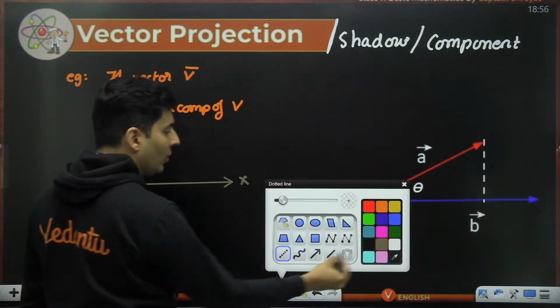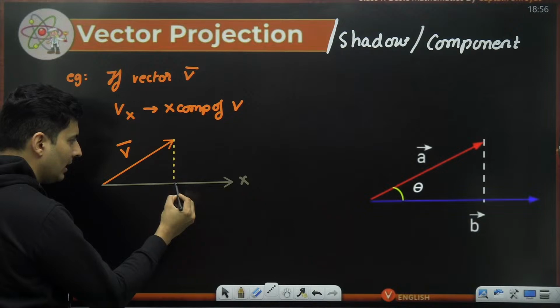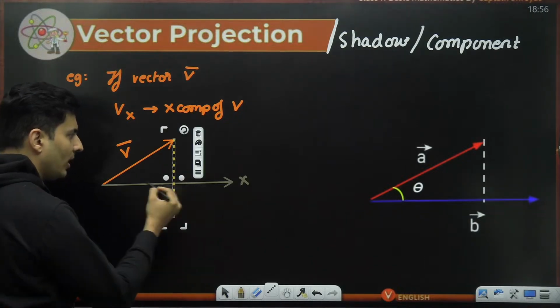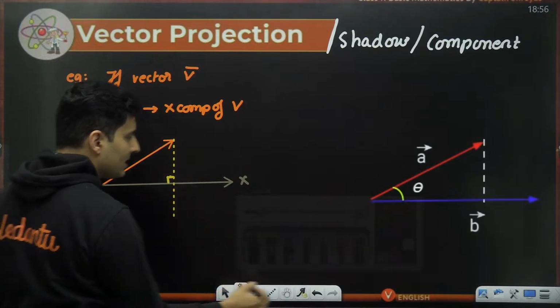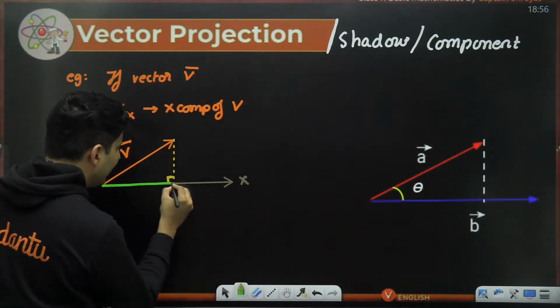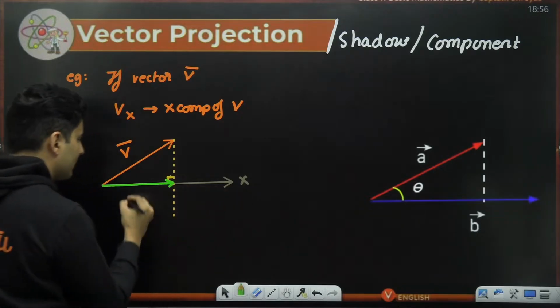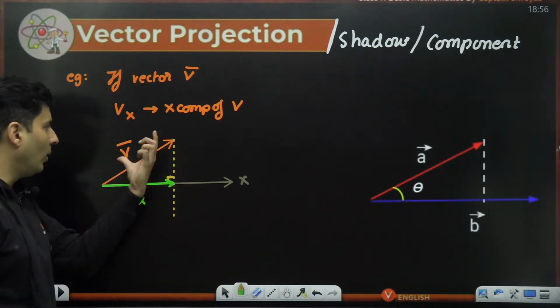You take the shadow or the projection, meaning you draw a line perpendicular to the x-axis, and then you measure how much vector v is there along x. That is your vx.